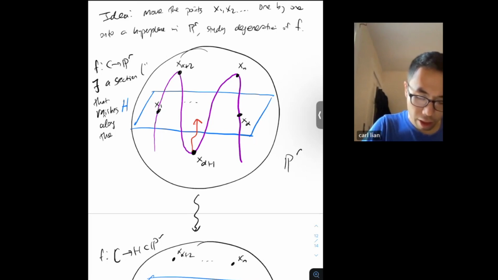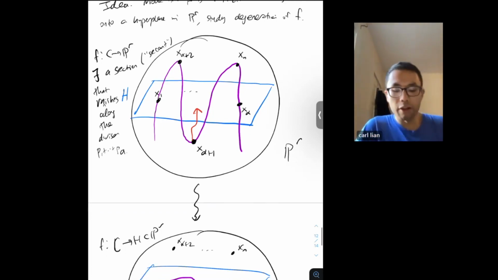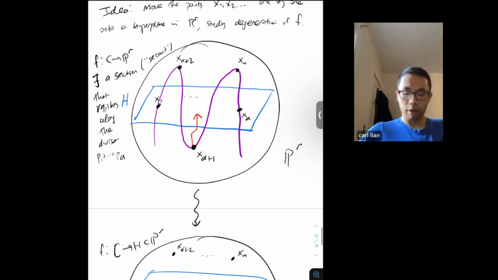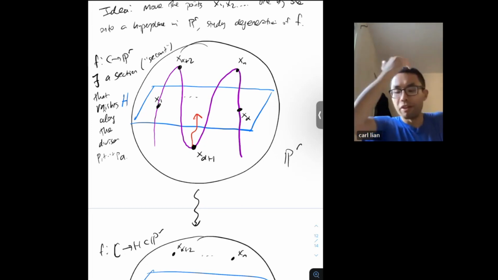You might think of this section as a secant. Because this is a very special condition, right? In this picture on the general fiber, I'm asserting the existence of a section that vanishes at a particular divisor of large degree, and this will not happen if you just have a random linear series on C.